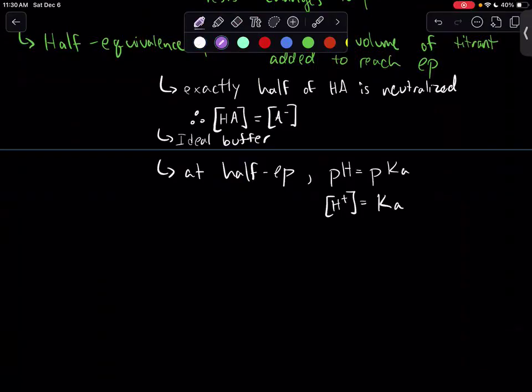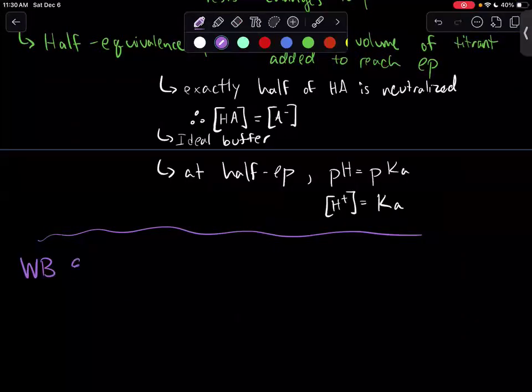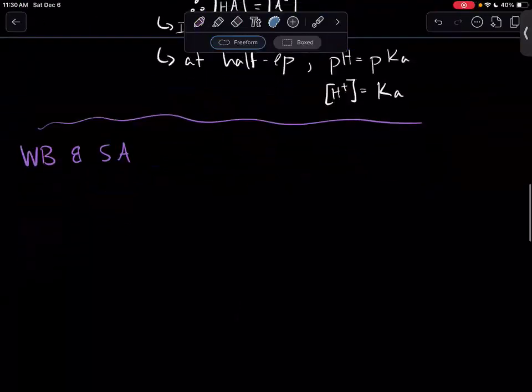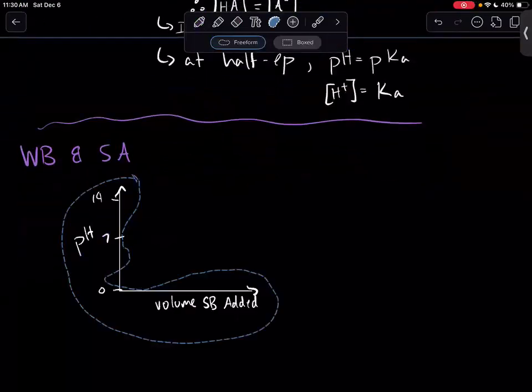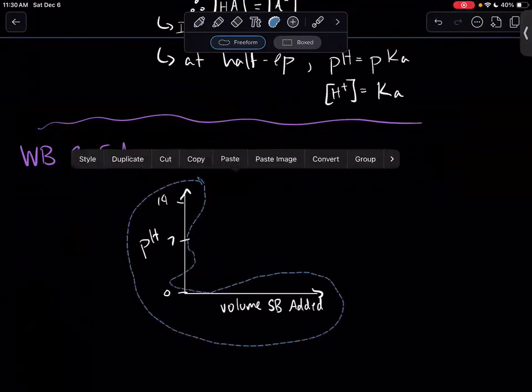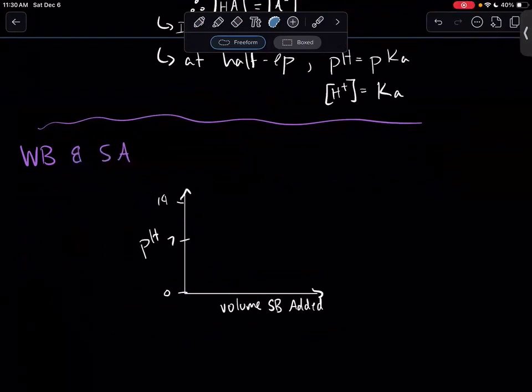What we're going to move on to now is the pH curve for a weak base and strong acid. So I'll start out by putting my same graph. And now that we're starting with a weak base, we're actually going to start higher. Now, again, we're not going to start at the height of something such as a strong base like sodium hydroxide or potassium hydroxide.